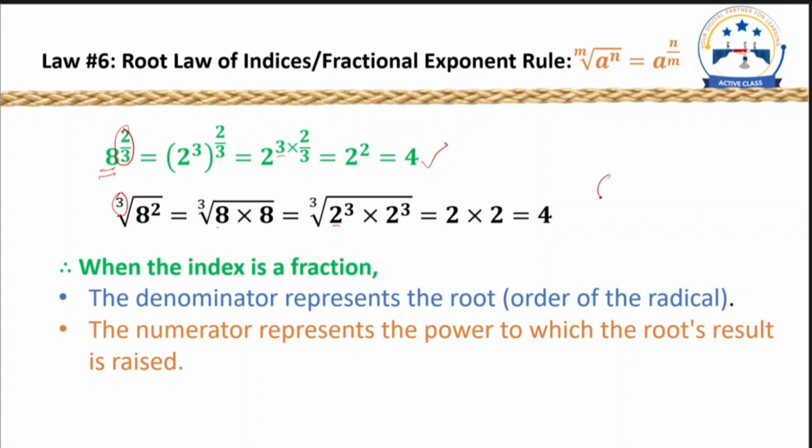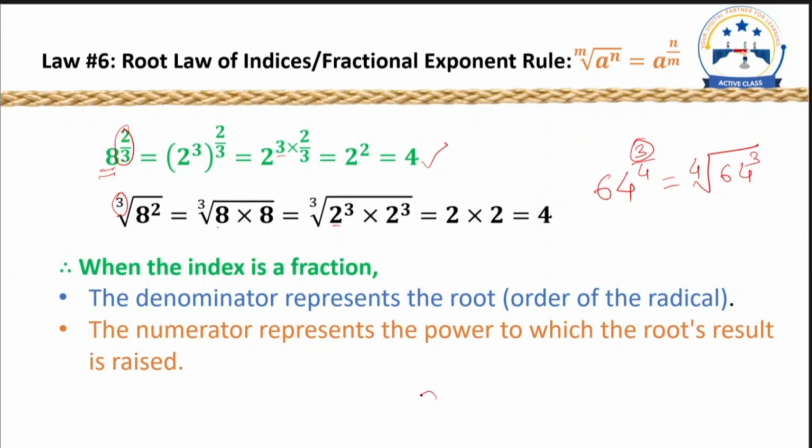If you have 64 power, let's say, 3 by 4, then the denominator 4 of the exponent goes to the order of the root, and this 3 goes to the power of 64. This is the root law.